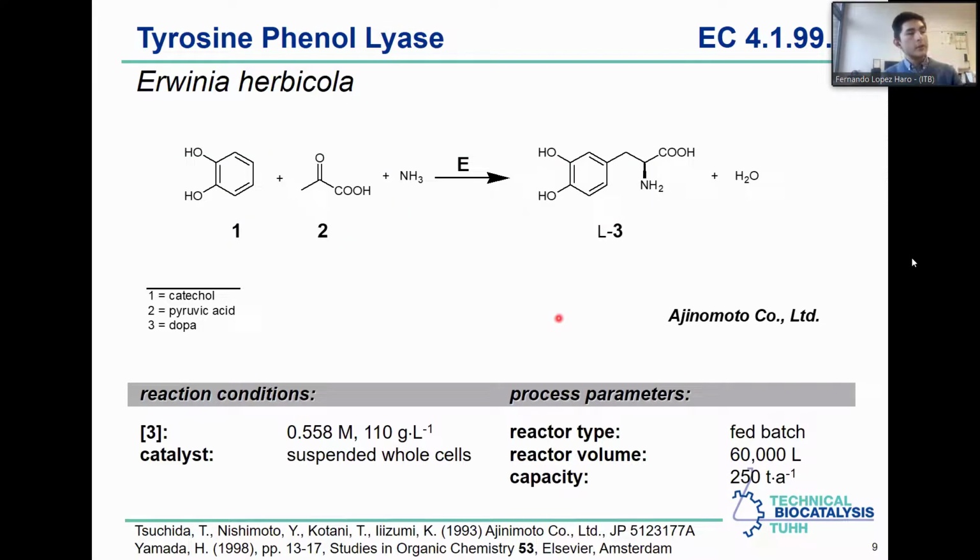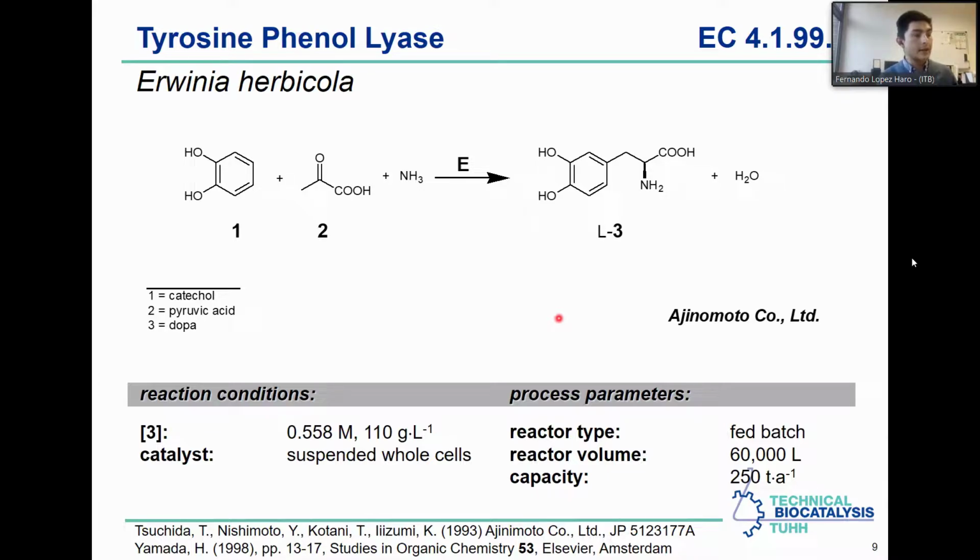So I want to start with an example, and this example is really remarkable. It is a fairly special kind of lyase because, if you notice, it is not a 2-to-1 reaction, but rather a 3-to-2 reaction. In this case, we have fairly simple molecules.